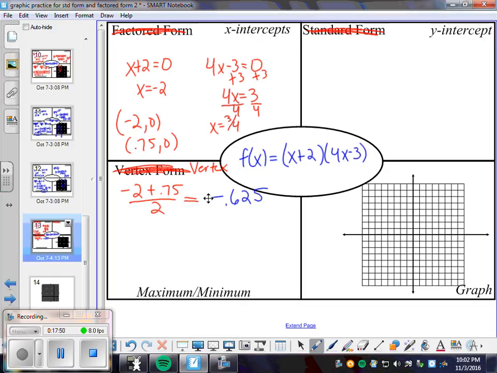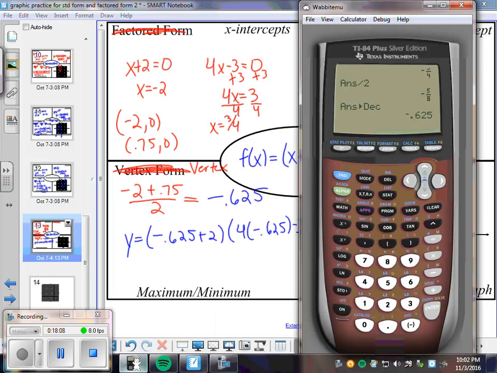Okay. Now we plug that in. So y equals -0.625 plus 2 times 4 times -0.625 minus 3. So now I'm going to pull my calculator back up and do that math.